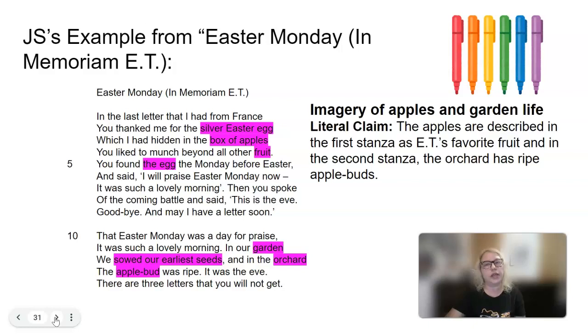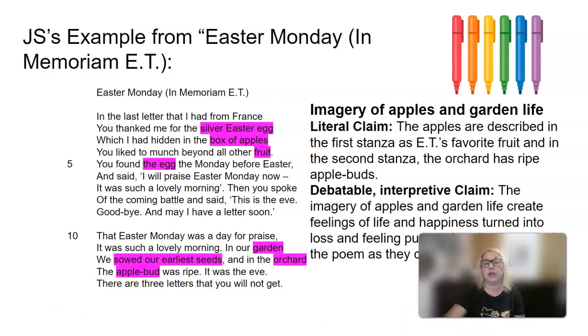So again, we're looking at something that is a pattern in the poem, and we're also looking at something that's interesting, but it can't be argued against. It is true. All right, what kind of interpretation can we make here? What kind of evaluation can we make?